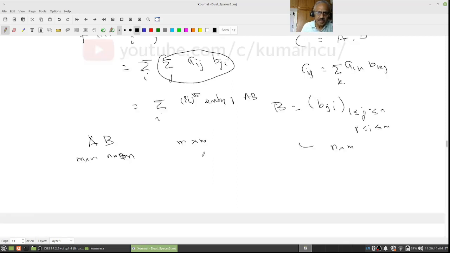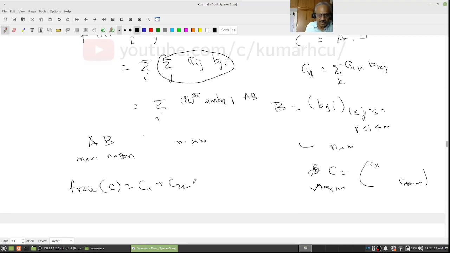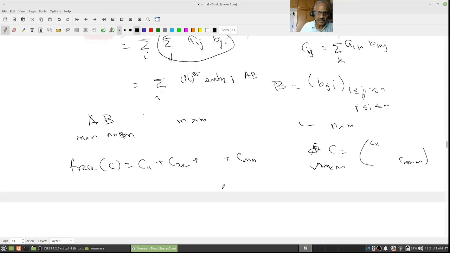Suppose I have a matrix C which is a square m cross m matrix. The trace of C by definition is C11 plus C22 plus up to CMM.